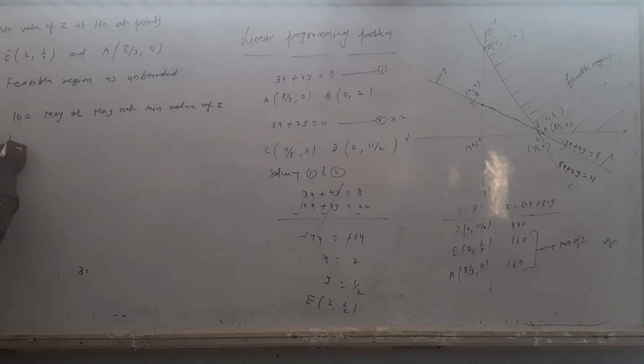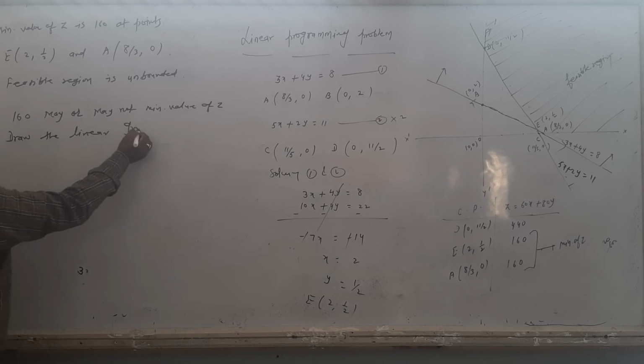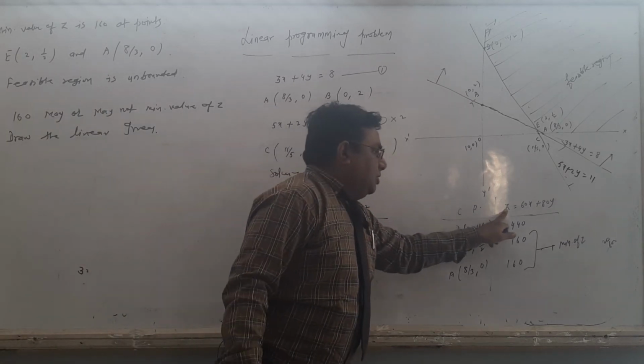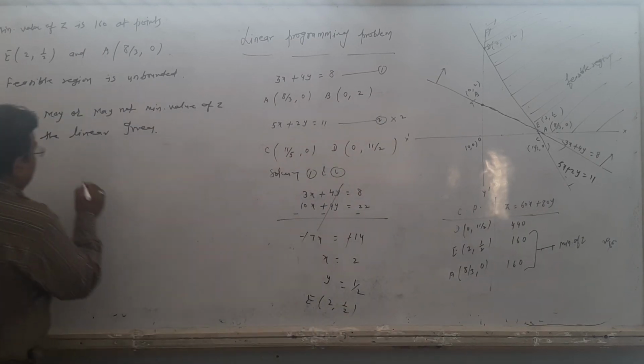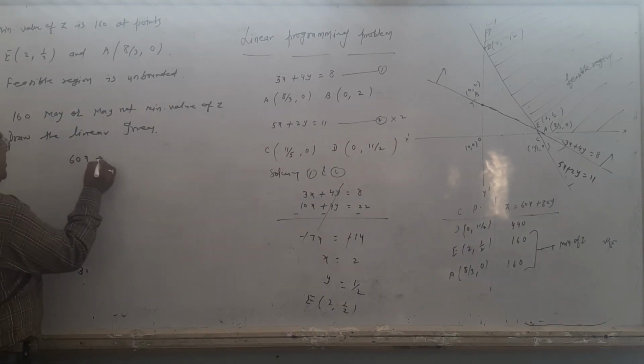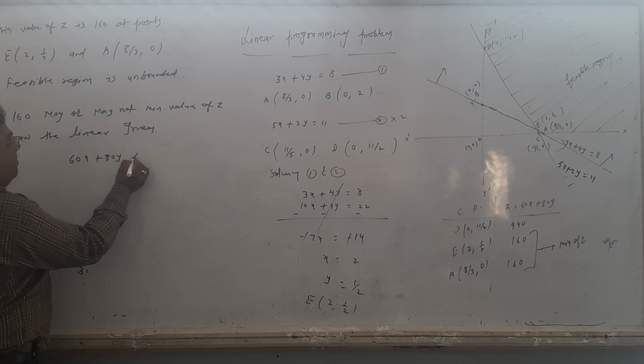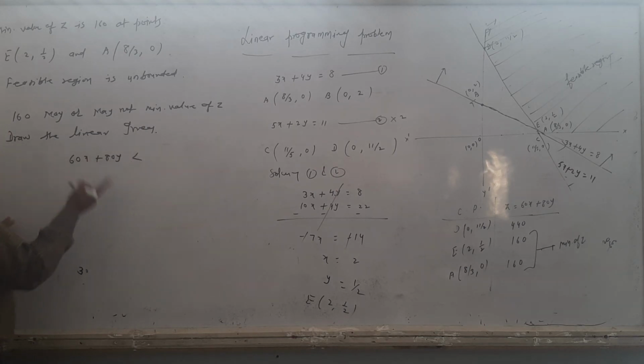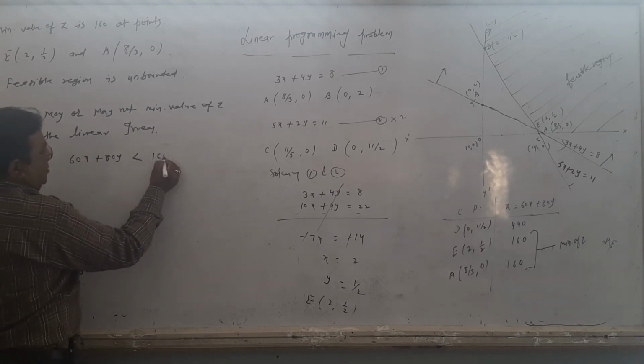To check, now draw the linear inequality. Which linear inequality? The value of z is 160, equals 60x plus 80y. Now for minimum, it means 60x plus 80y is less than 160.